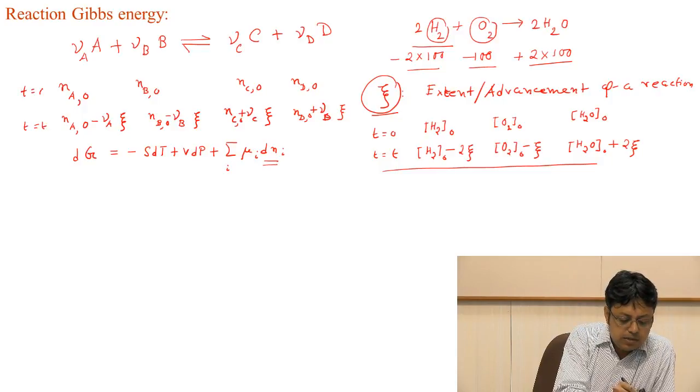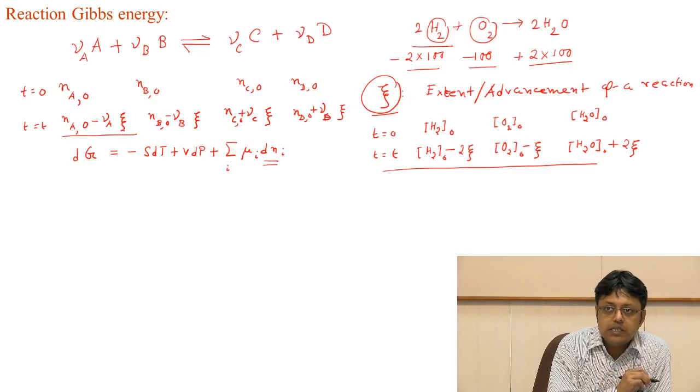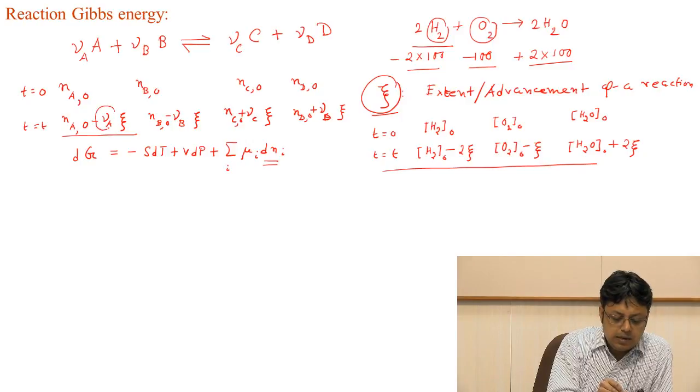This was at time 0, and if I differentiate every quantity, Na0, Nb0, Nc0, and Nd0 are constant. So what I'll be left with for the reactant A will be minus nu A dxi for dni.